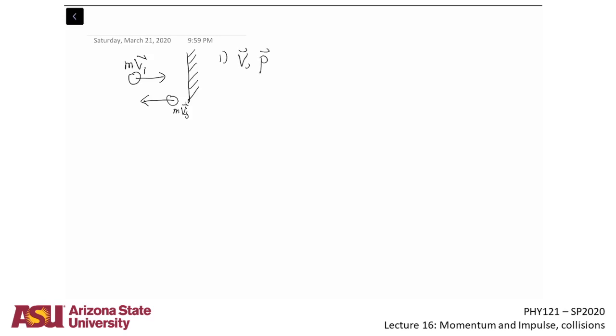Velocity and momentum are vectors. Therefore, the change in momentum depends on the direction of the ball. So, if we say that this is the x direction, for example, and this is y, then delta p is m times v final minus v initial.